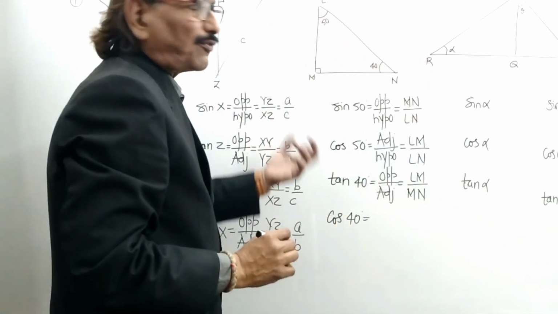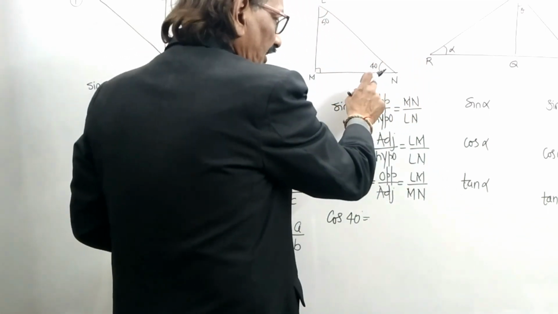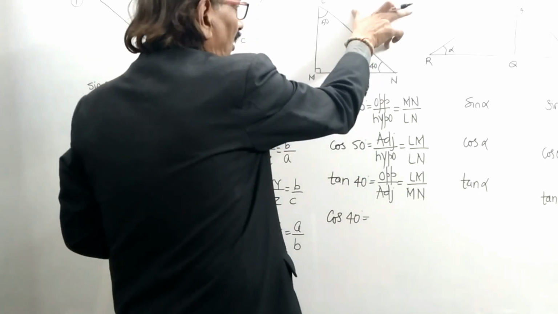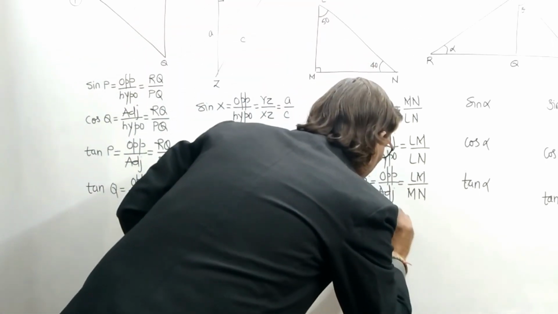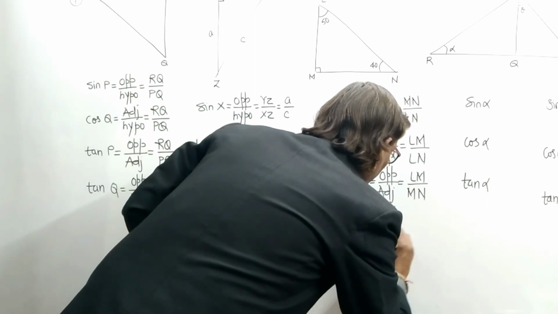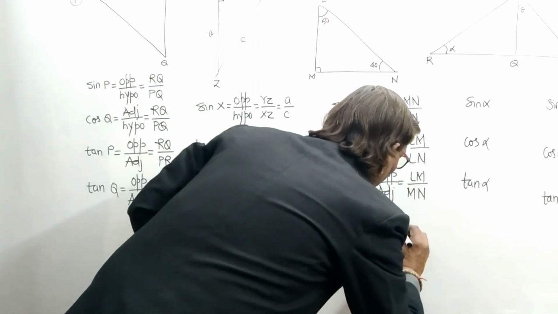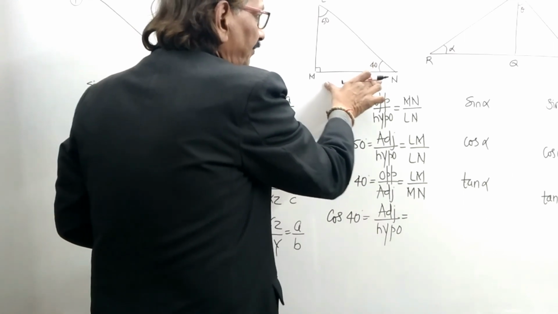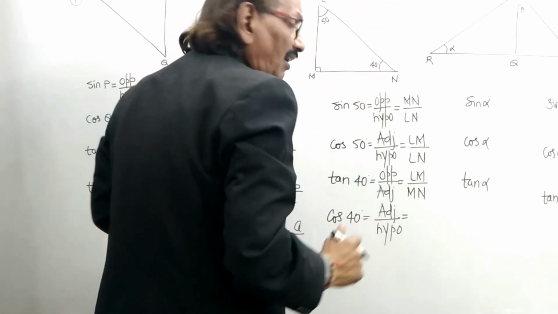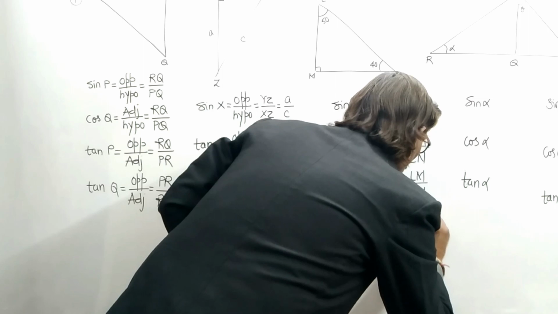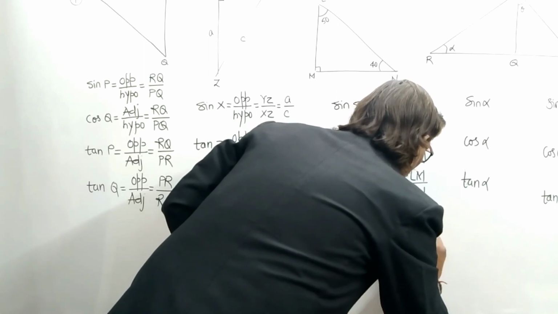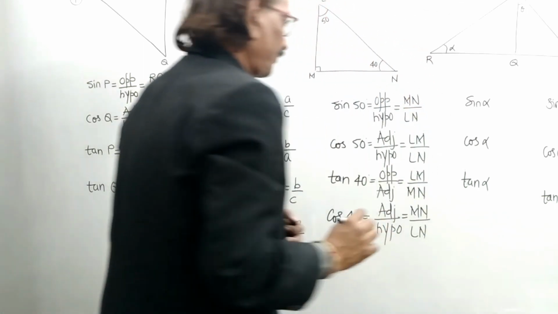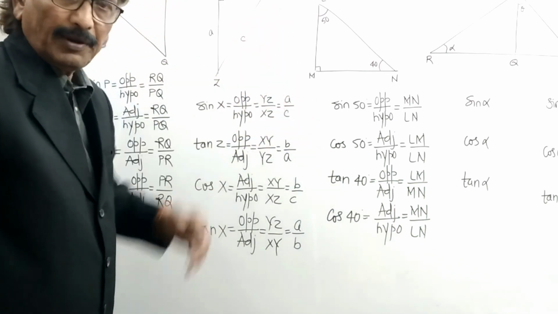Last ratio is cos 40, here 40, cos means adjacent upon hypotenuse. Adjacent for 40 is Mn and Ln is the hypotenuse. So Mn upon Ln. This was a third problem.